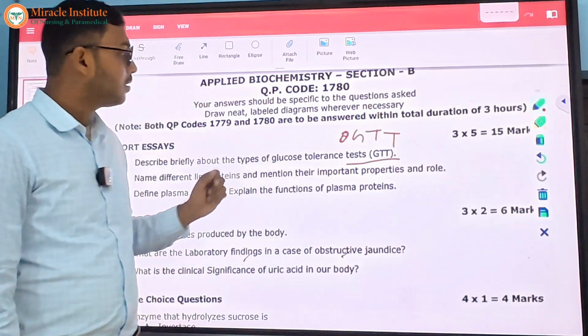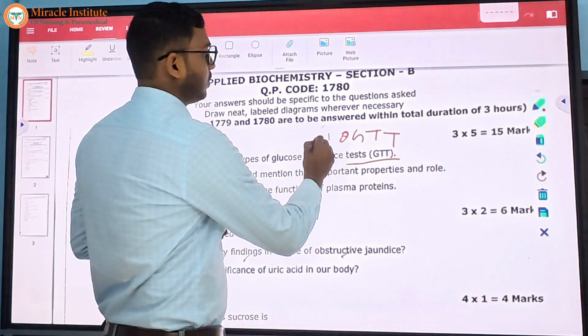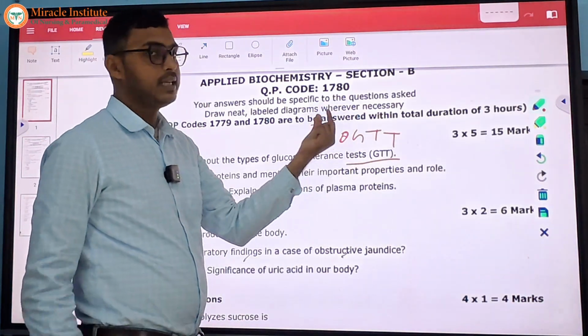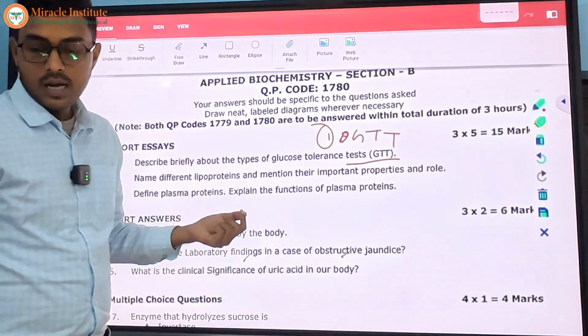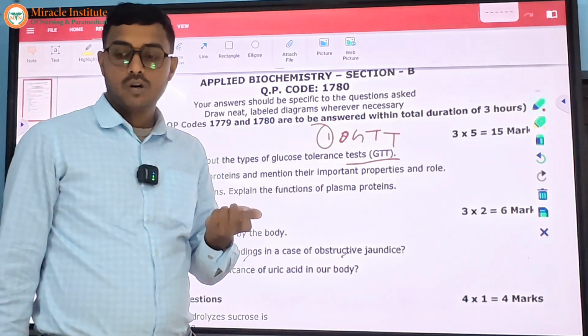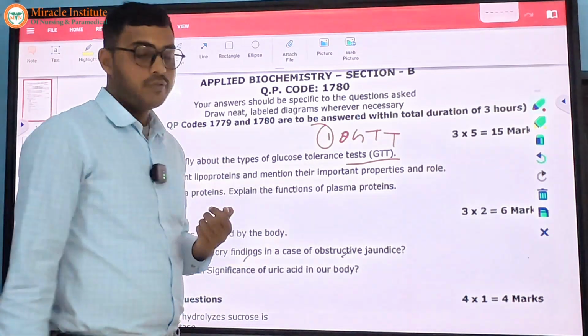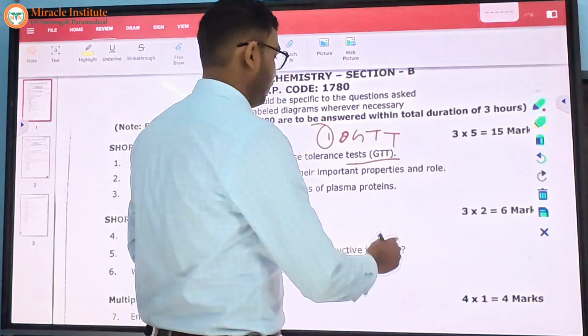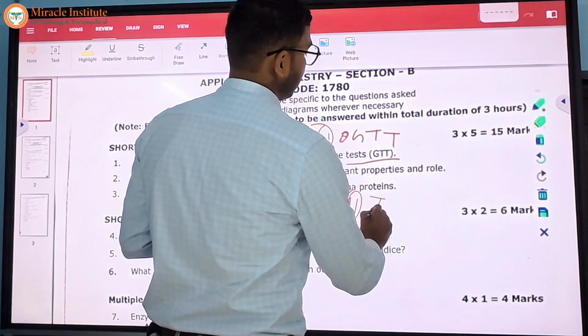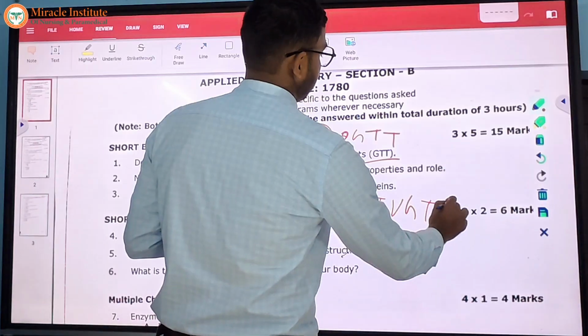The first type is the oral glucose tolerance test, and another type is the intravenous glucose tolerance test, IVGTT.